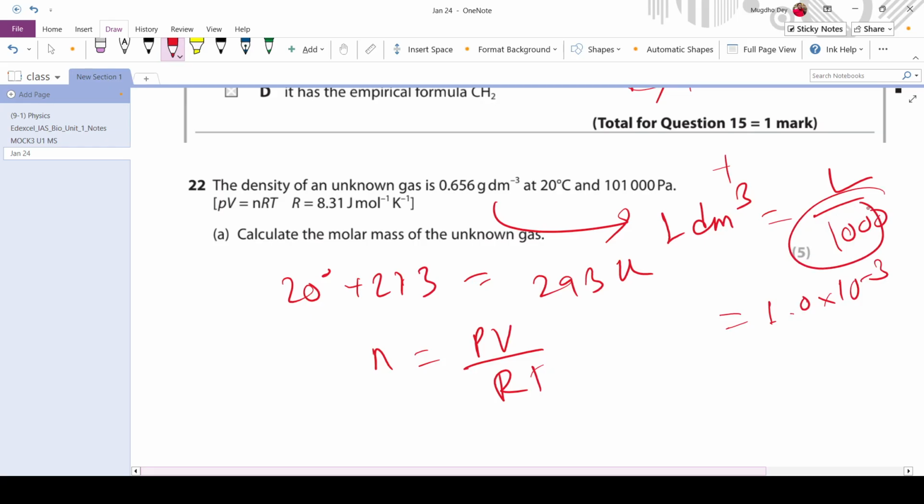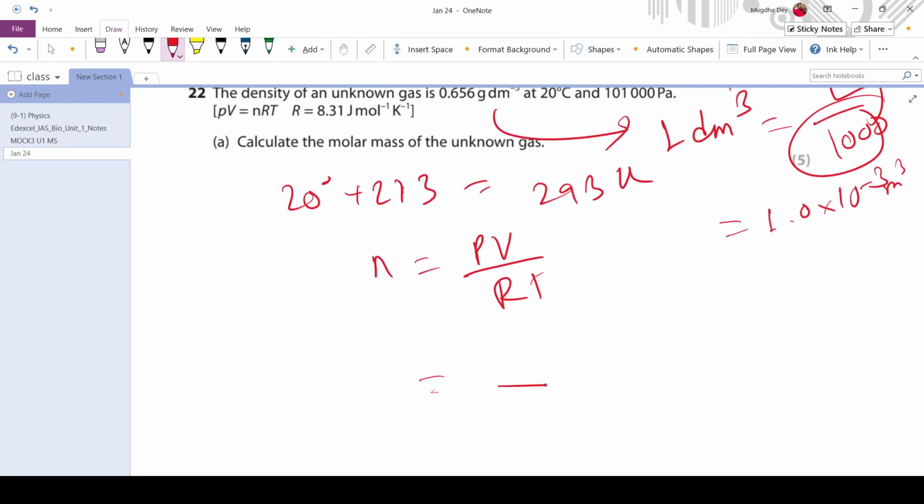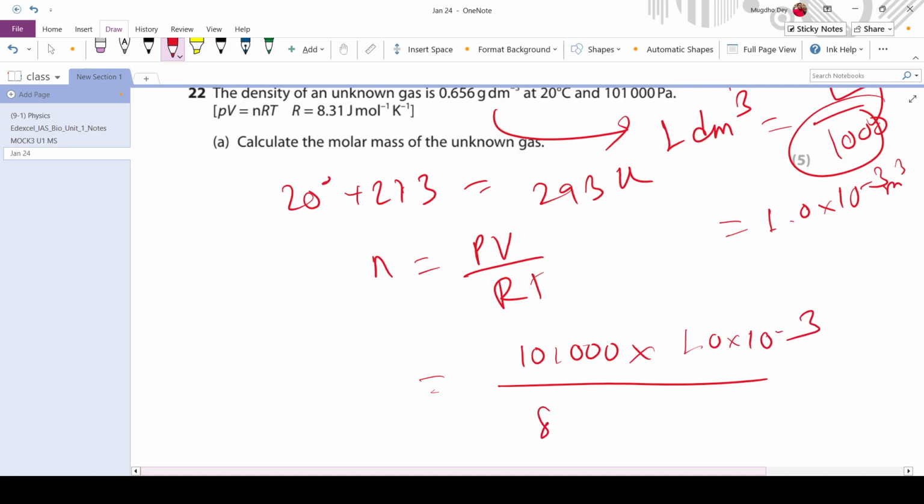I converted this, and now I just place all the values. 101,000 times volume, which is 1.0 times 10 to the power minus 3, and then you have 8.31, and the temperature is 293. Eventually I believe you will get about 0.04 something, 0.04148 mole. So that's the number of moles.